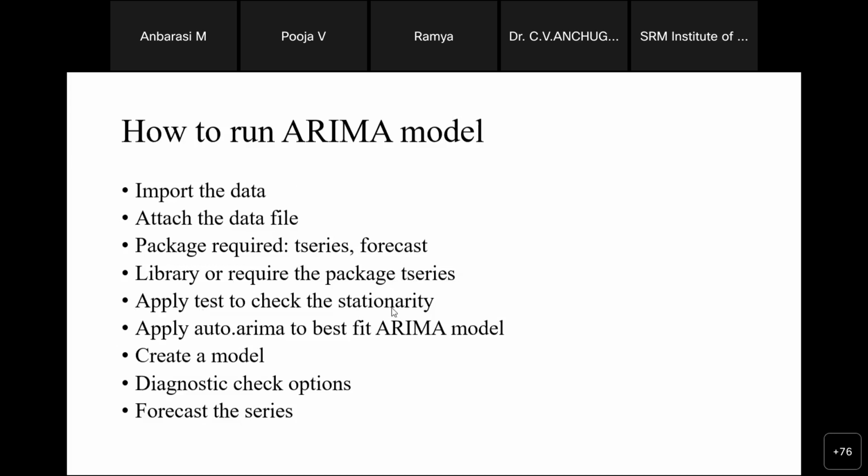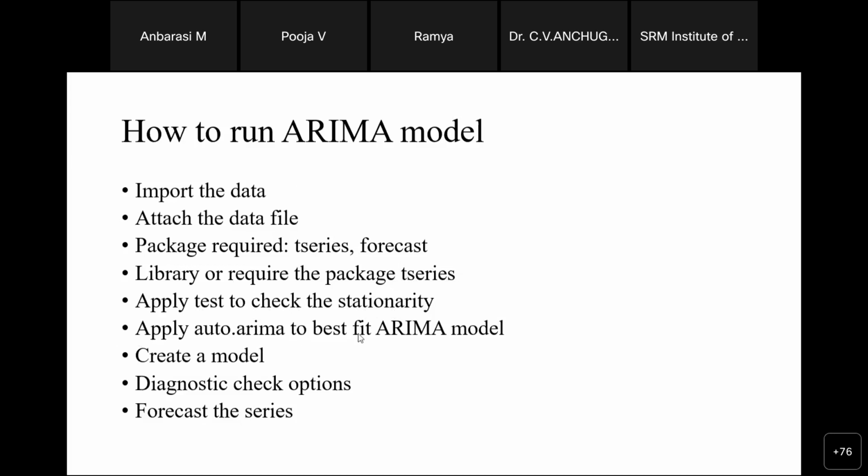Before performing any function, as I told you, we have to convert the data into stationary. We have to check whether the data is stationary or not, and only then apply the auto ARIMA model. This auto ARIMA function will always give you the best fit.